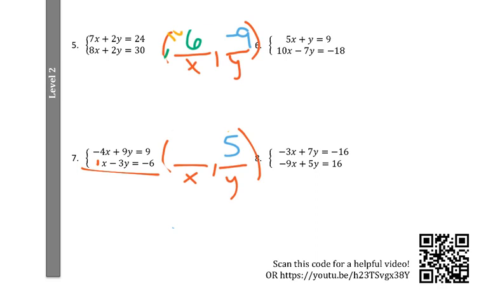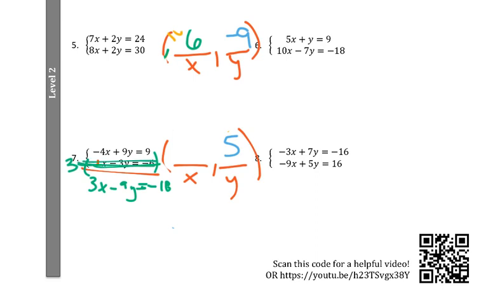So instead of multiplying everything by 4 like we did last time, I'm going to multiply this bottom equation by 3. So that's going to give me 3x minus 9y equals negative 18. Okay, and I'm going to totally ignore this equation for a minute. So now everything's lined up.